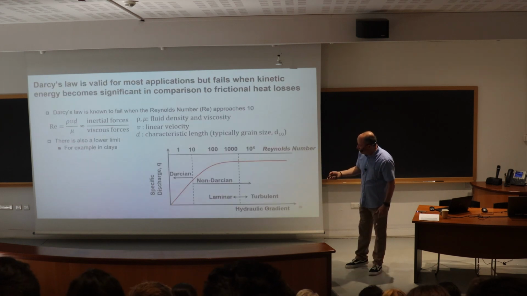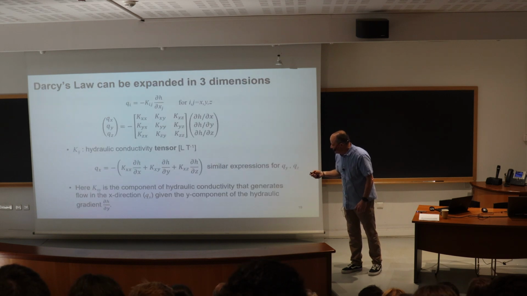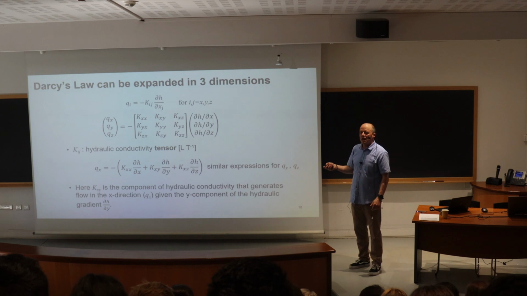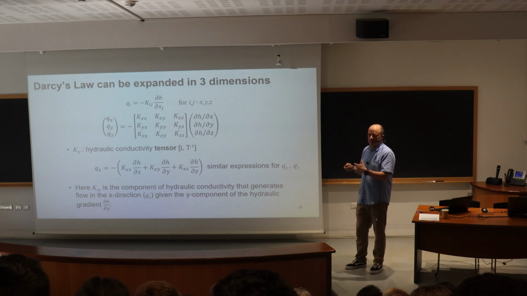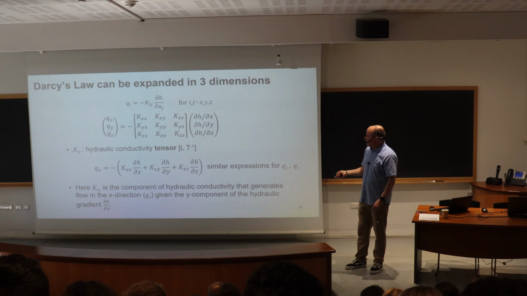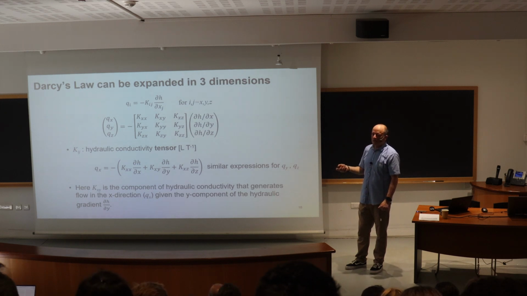So we can look at, for example, the kxy component of the hydraulic conductivity tensor, which is the component of hydraulic conductivity that generates flow in the x direction, qx, given a component of the hydraulic gradient in the y direction, delta h delta y.